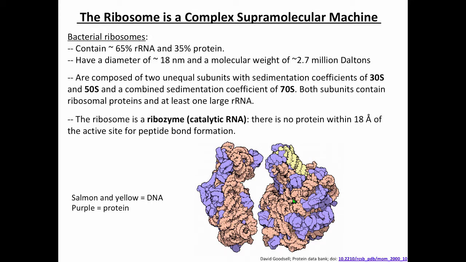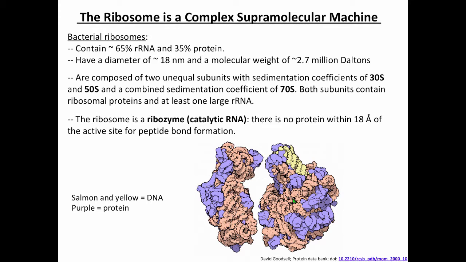And this is what I think is the coolest part of this. The ribosome is a ribozyme. So it's a catalytic RNA, meaning that the RNA itself is actually catalytic. The RNA is an enzyme, and the RNA is involved in forming or catalyzing the peptide bond during translation. So the actual region of the ribosome in which the peptide bond is formed, there's no protein within 18 angstroms of this active site.